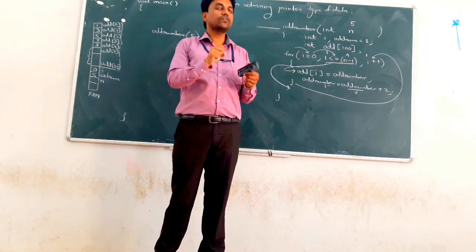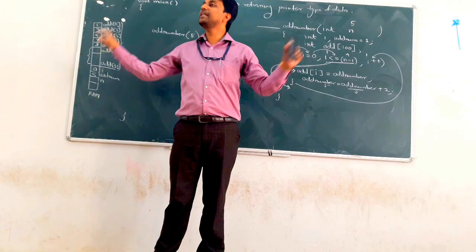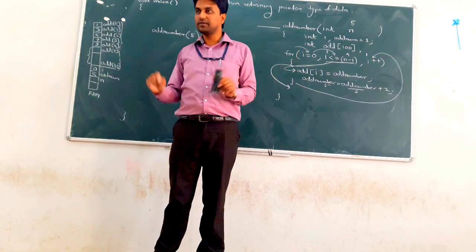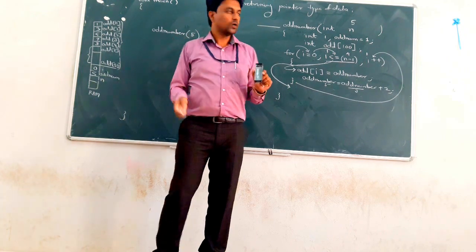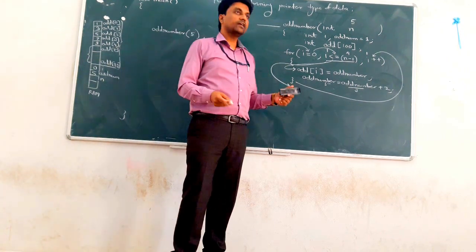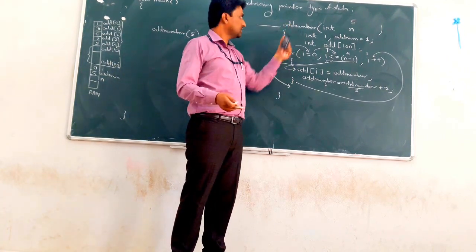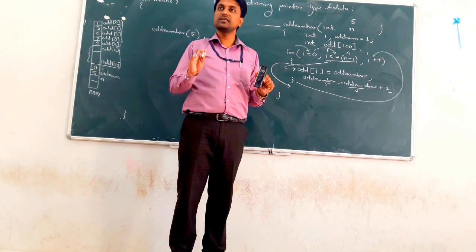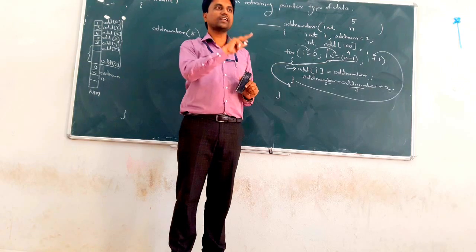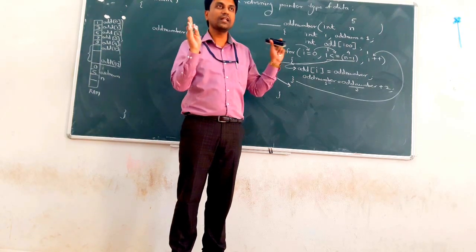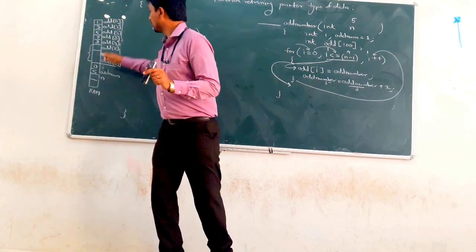And what is the main function's duty? Main function displays all the first 5 odd numbers in the body of main function. Clear? Okay. For that, what we require? Return. This function returns the total array, not a single value, not one value at a time. We want to return this total array.